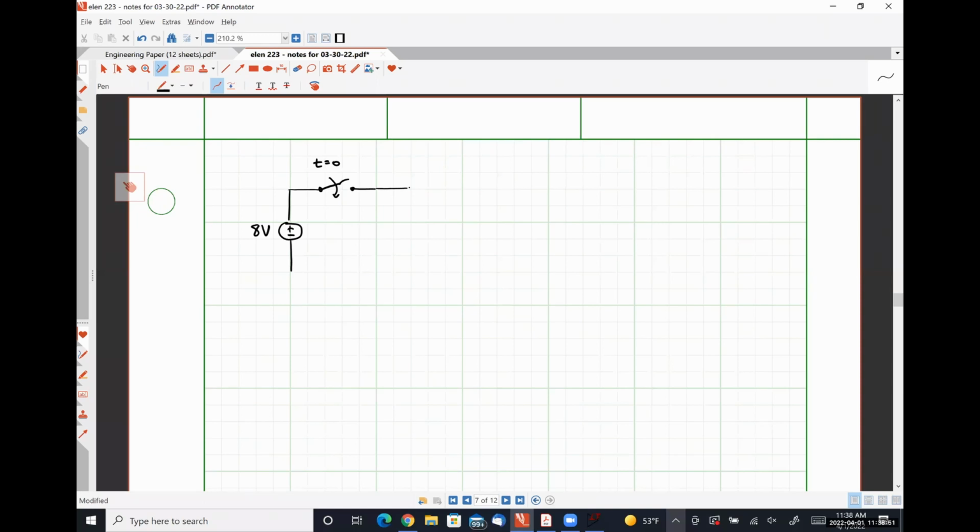Here we have a 12/5 Henry inductor. Here we have a 2 ohm resistor. And here we have a 1/12 of a farad capacitor. Let me put it over here.